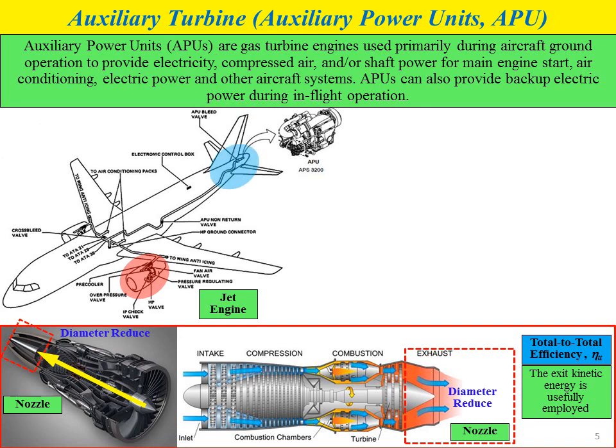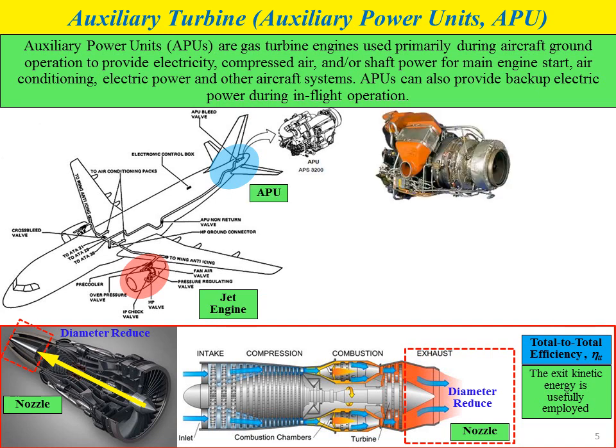However, if you refer to the blue region where the APU, auxiliary power unit, is located, the APU is similar to the jet engine in terms of inner components.